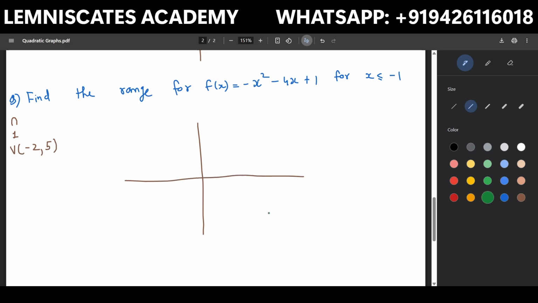It's an inverted U shape. Your y-intercept is 1. The vertex point is minus 2 comma 5. This is your vertex. And because it's an inverted U shape, that is how it's going to look like.